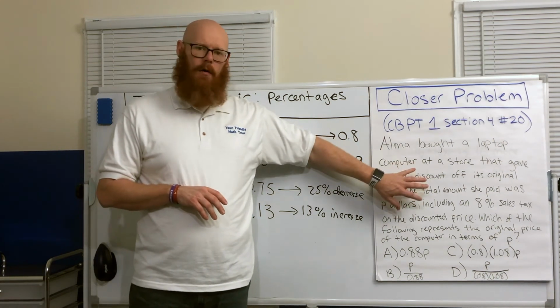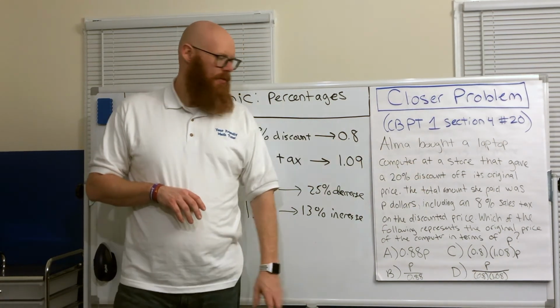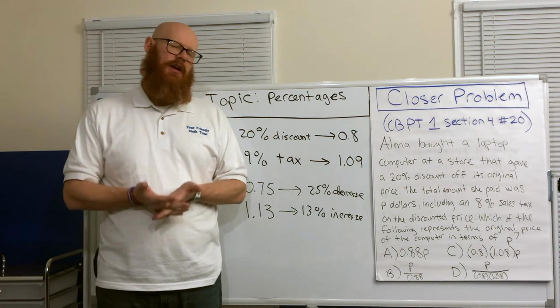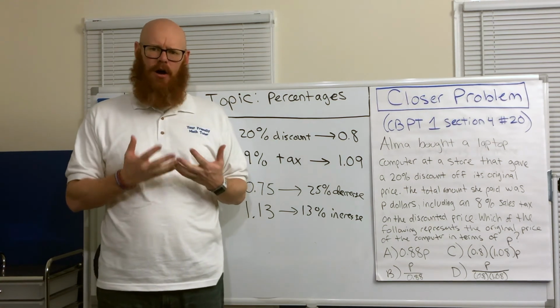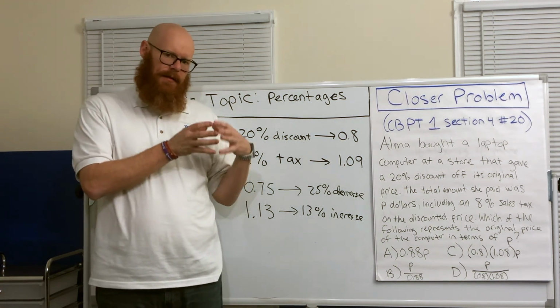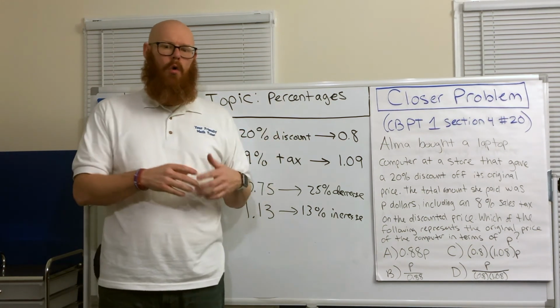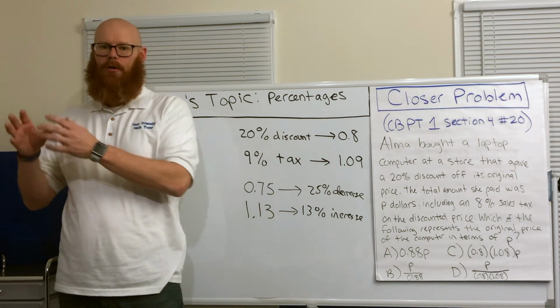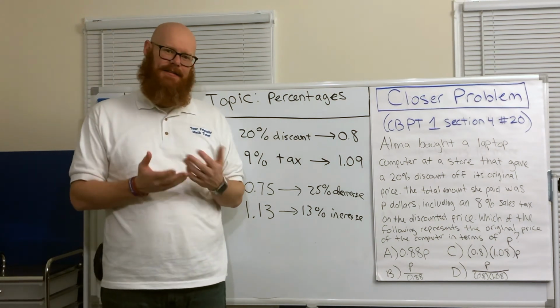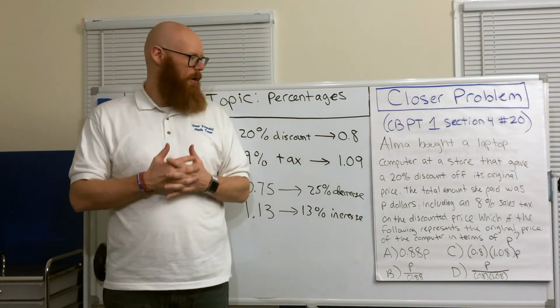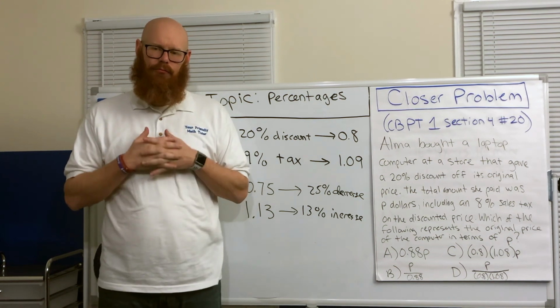Mark or circle, however you like to do word problems. But these are an example of ones where you are actually going to have to read and you're going to really have to understand, are they giving me the original price or the original amount and then I'm multiplying? Or are they giving me the final, which means I would probably end up dividing to solve the equation. So those things are really important that we understand and we really read.